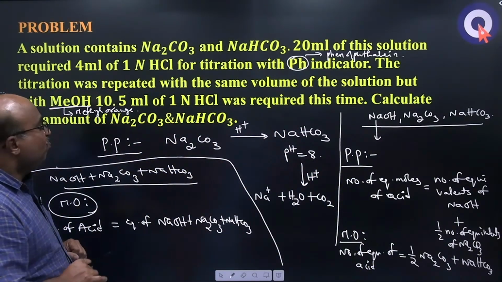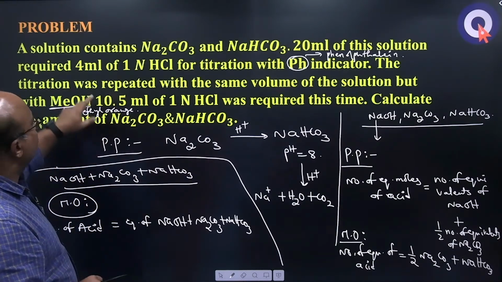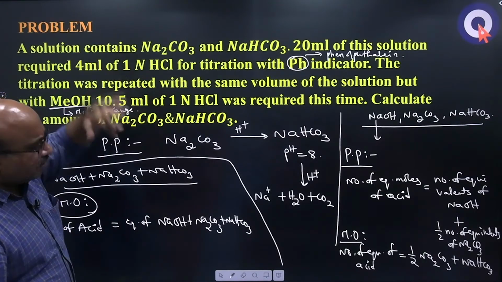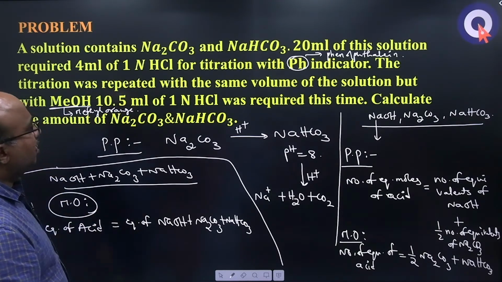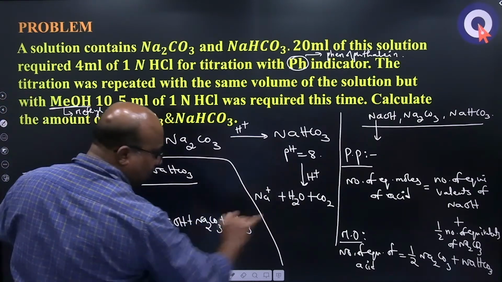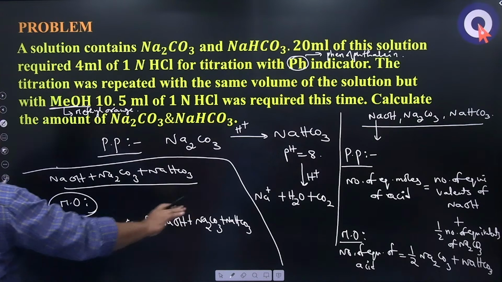Clear? So in this case, what had he done? First he used phenolphthalein, then he took the same amount of mixture again and titrated again. So let us see using these basic applications.